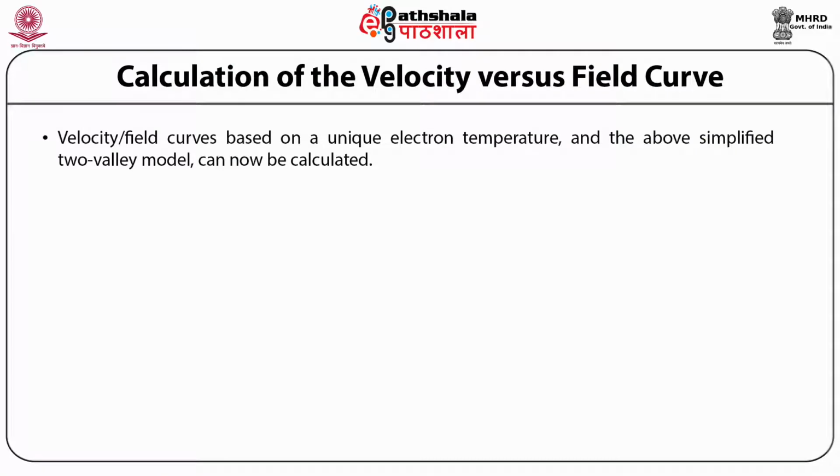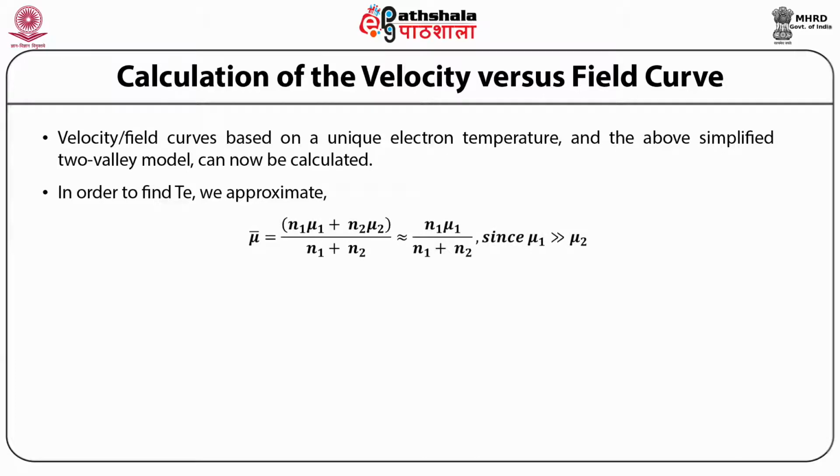Velocity versus field curves based on a unique electron temperature and the above simplified two-valley model can now be calculated. In order to find Te, we approximate mu bar equal to (N1 mu1 plus N2 mu2) by (N1 plus N2).